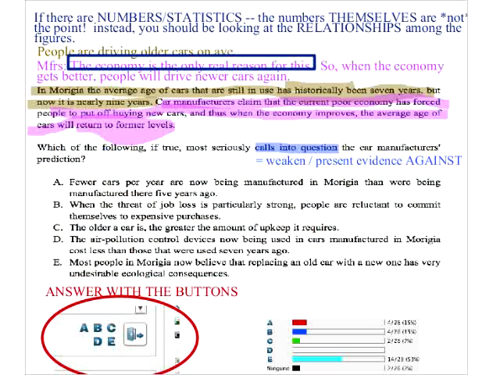A is not really a strengthener or a weakener because A is not related directly to this. With fewer cars being manufactured, there are just way too many variables going on there. First of all, we're just talking about the cars that people drive there. That doesn't have to mean cars that are manufactured in the country.